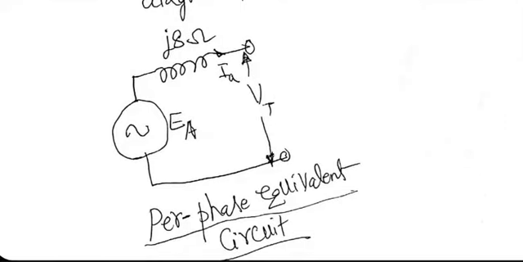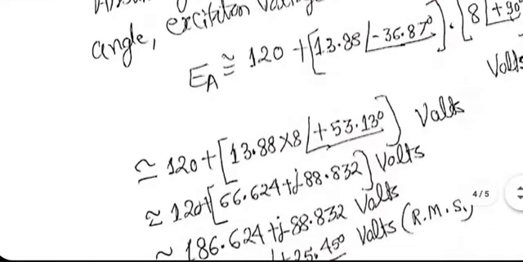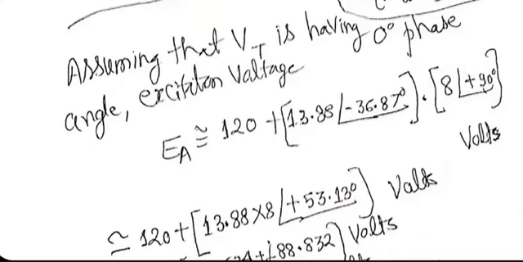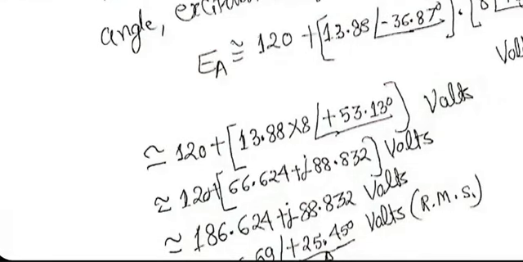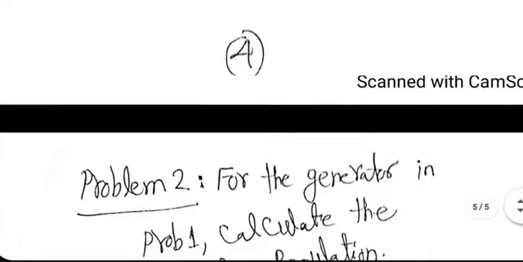VT will be shown as a horizontal line, and the drop across j8 ohm will have to be sketched based on the value of 13.88 into 8 with a phase angle of 53.13 degrees. So try to draw that. And then 120 volts will be the horizontal line. Add these two, you should get EA. I have not done it, but it should not be too difficult.